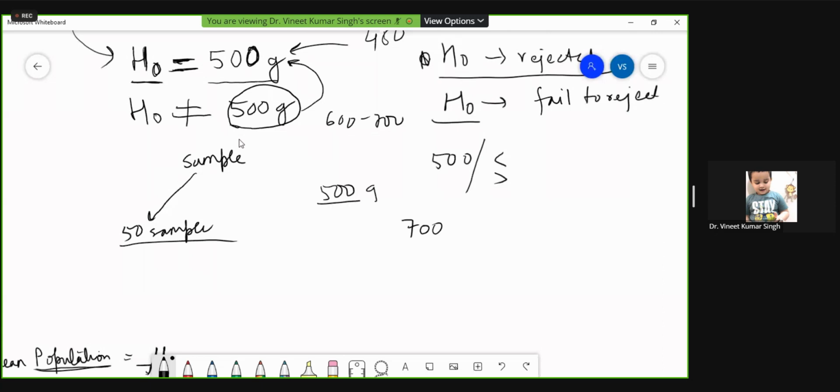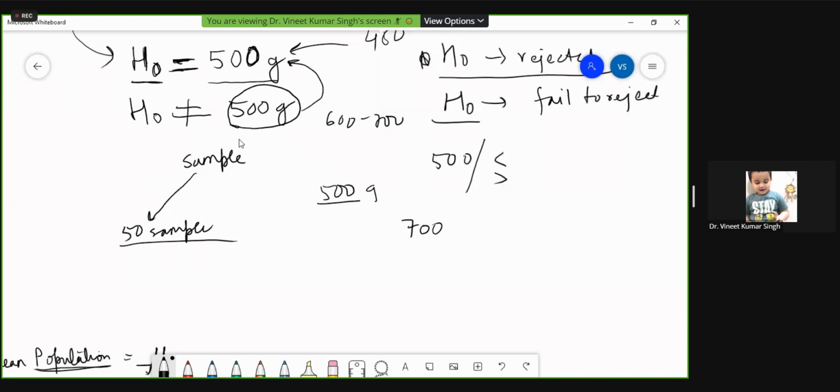Claim is 500. Is this easy to reject his claim? Yes or no? It is easy or not to reject the claim of 500 if average weight comes to 700 gram? Hmm? Yes, sir. Okay.